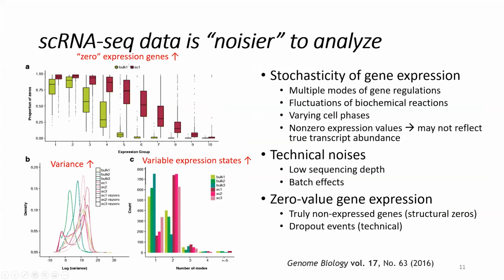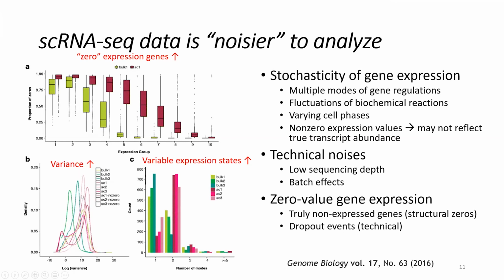If you look at the single cell, which is the purple bar chart, when you put them into different expression groups, the curve bends more to the right, which is actually a higher proportion of zeros than the bulk RNA-seq. So there are more zeros, meaning that you measure them, but somehow they don't show up. There are many reasons for zero-value gene expression. Sometimes they're true zeros, but sometimes they're just dropout events.